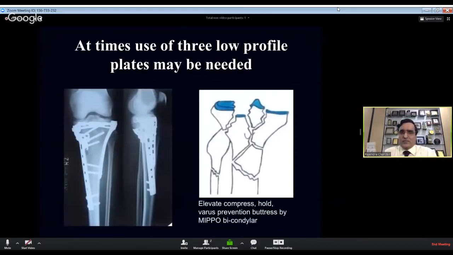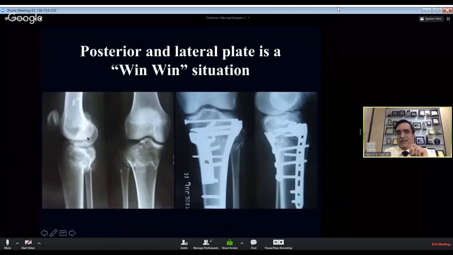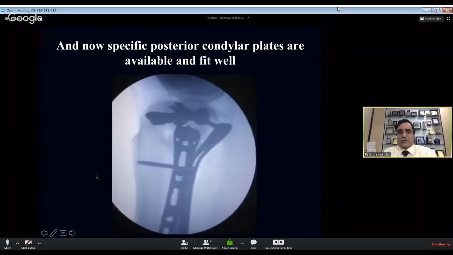At times, friends, the use of three low profile plates may be needed, as was needed in this case, providing for the apical instability occurring at this junction. They are thin, low profile plates. A posterior and lateral plate is a win-win situation. Use an effective buttress from the posterior side, and then you can do the rest of the job on the lateral side, as was done in this complex fracture.